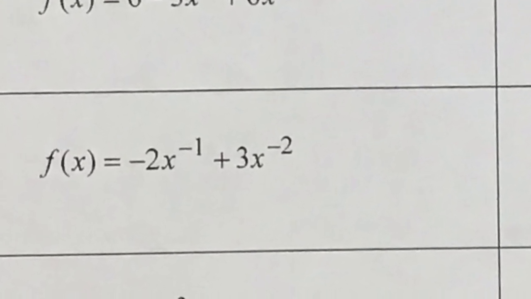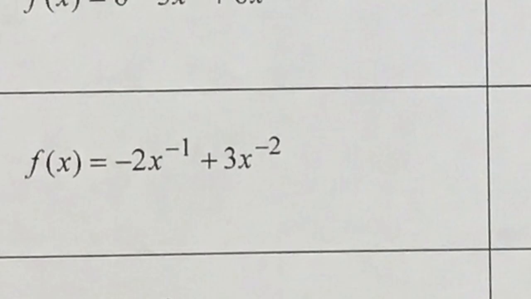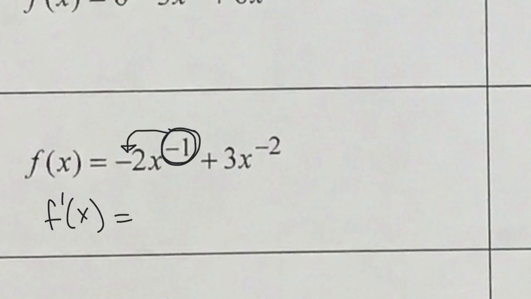This one's kind of different, because we have a negative power, but we still apply the same rule. You multiply the outside, the coefficient, by the power. So negative 1 times negative 2 is positive 2. But then when we subtract 1, we get an exponent of negative 2.